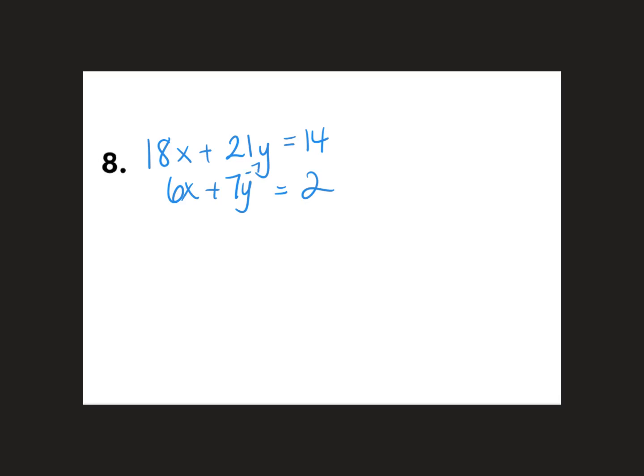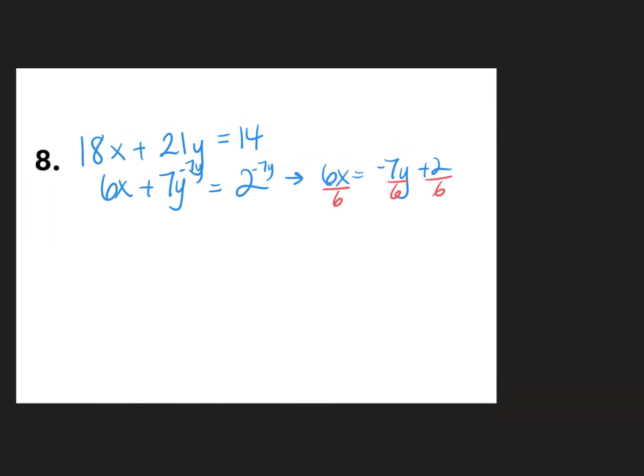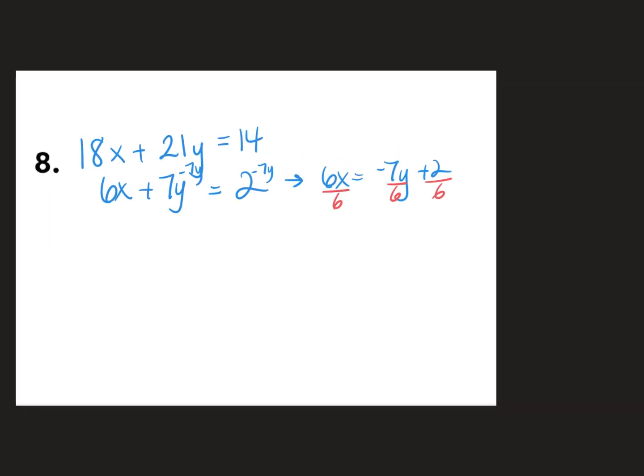I'm going to subtract 7y. 6x will equal negative 7y plus 2. Then I'm going to divide by 6. So x will equal negative 7 over 6 y plus 1/3.